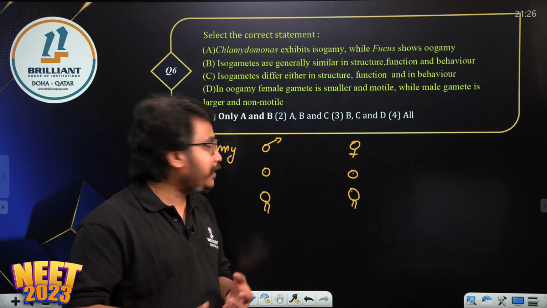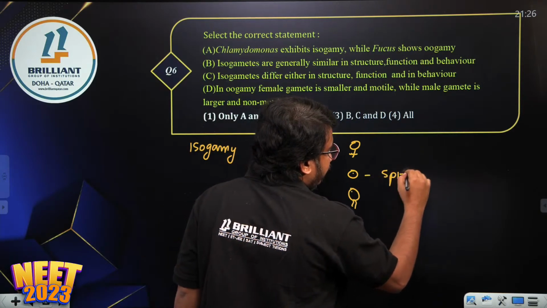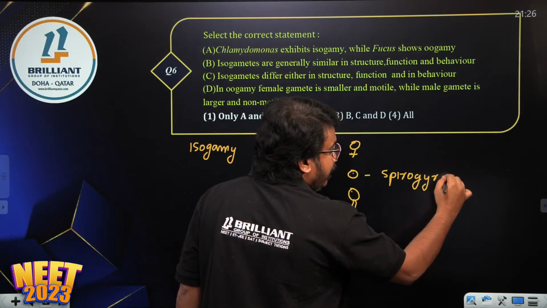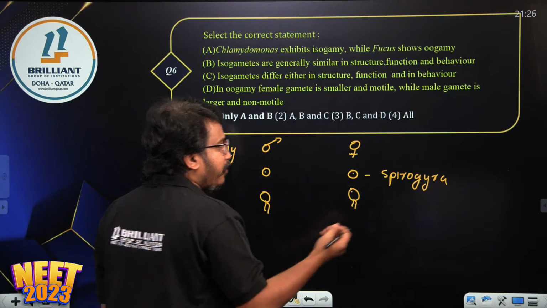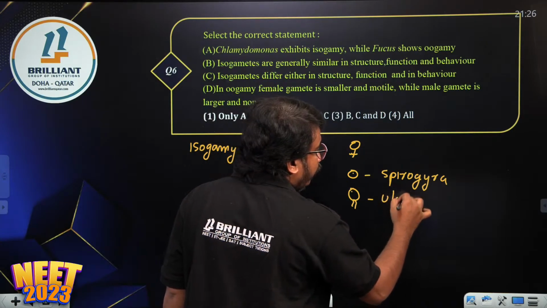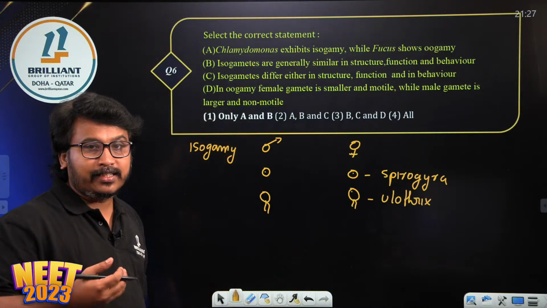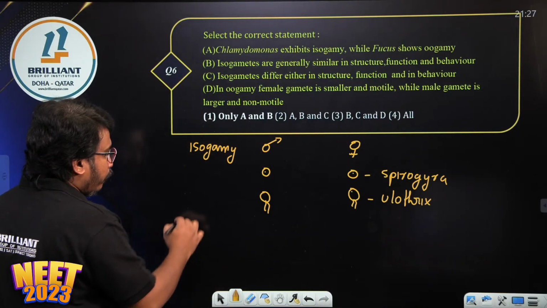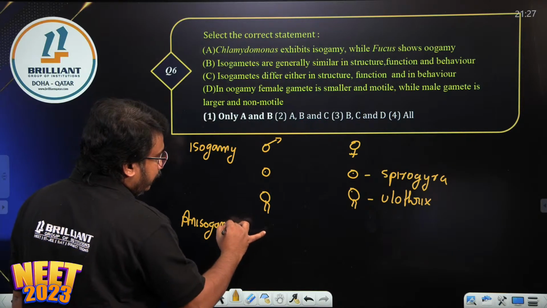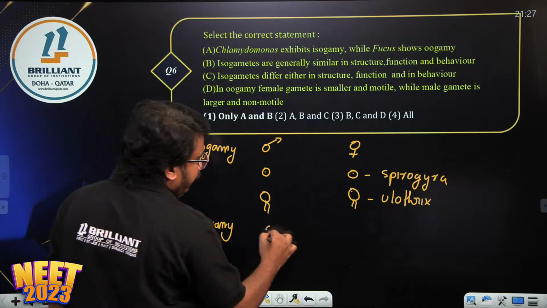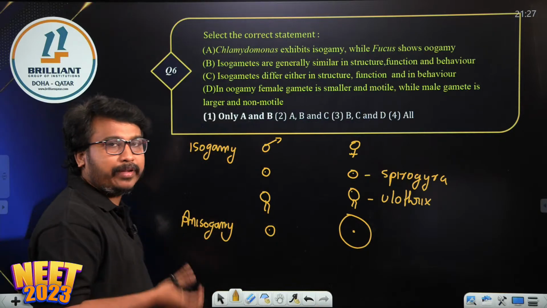NCERT clearly said non-flagellated gametes are observed in Spirogyra, a filamentous green algae, whereas flagellated male and female gametes are observed in Ulothrix, also a filamentous green algae. Then what is anisogamy? In anisogamy, male and female gametes look different in appearance.